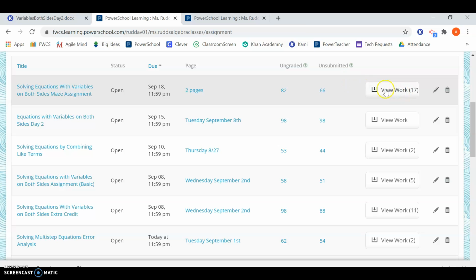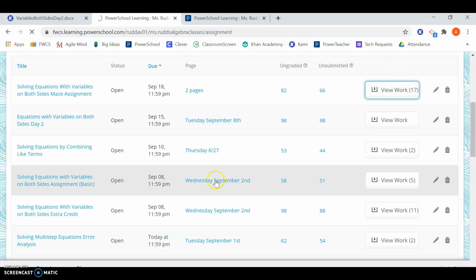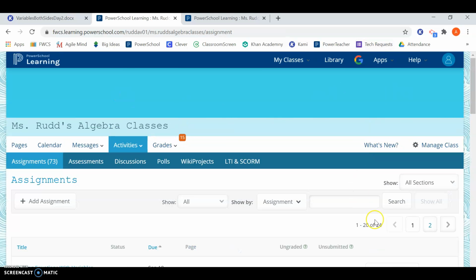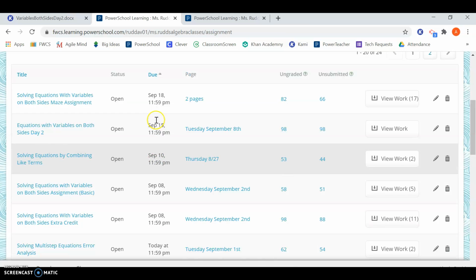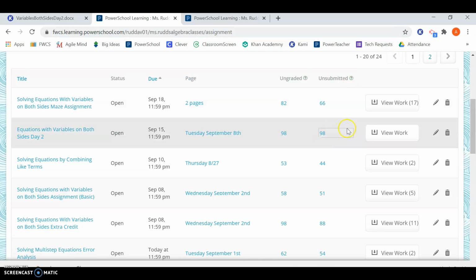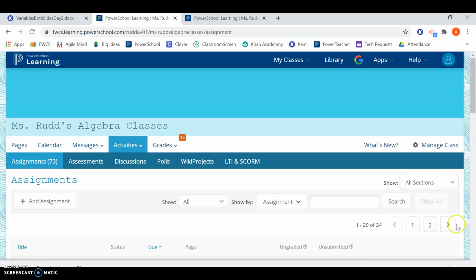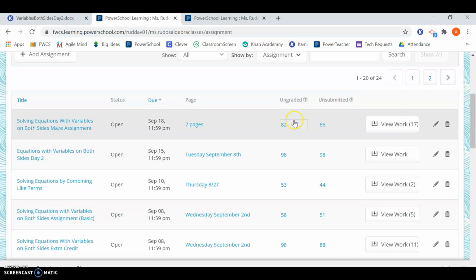Click on that for any assignment, then hit attach from Google Drive. Once you do that, a little green check mark will appear next to it. All of your assignments here should have this green check mark if you turned them in, so make sure you get those turned in. You just hit hand in and then attach from Google Drive.